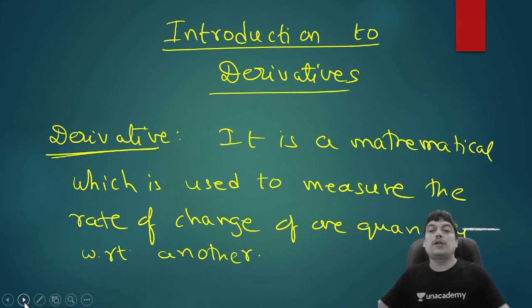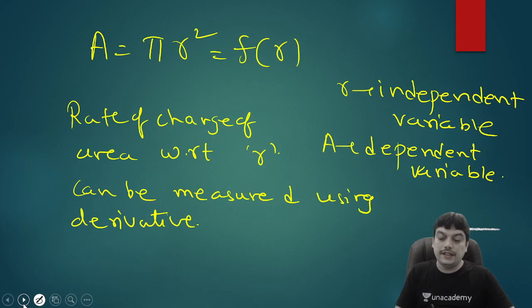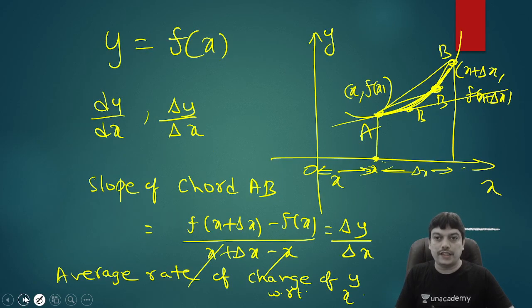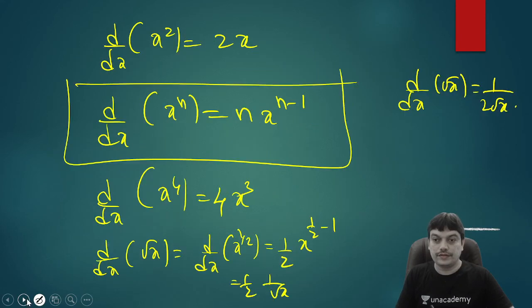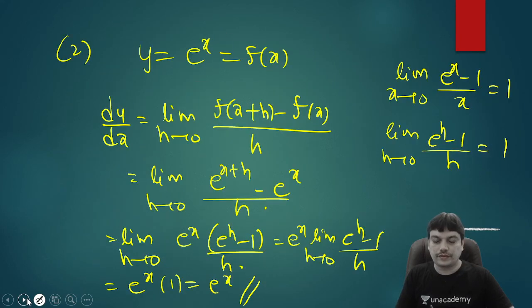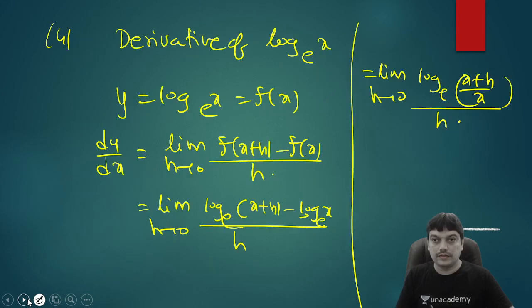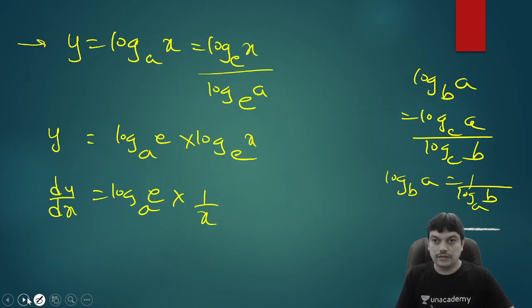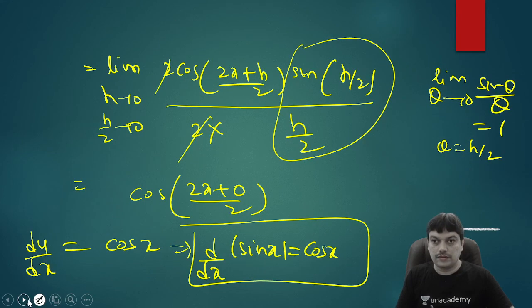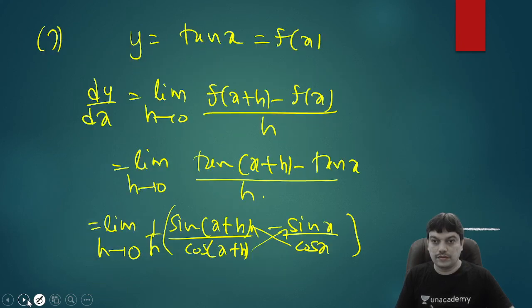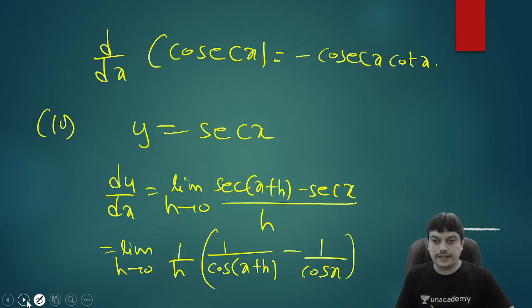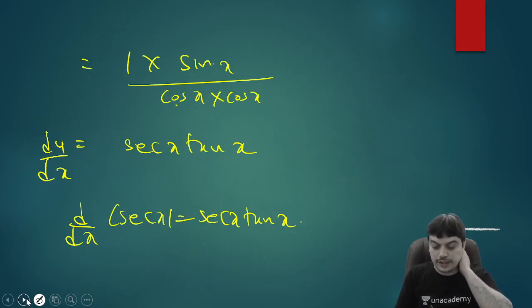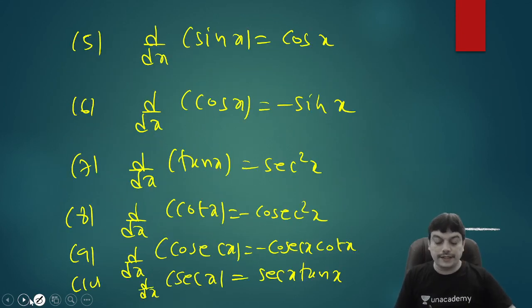So let us get into the topic now. Introduction to derivatives, all this I already did. I'll just show you what I've done in the previous class. You can see all these standard functions. We derived the derivative formulas and summarized them.